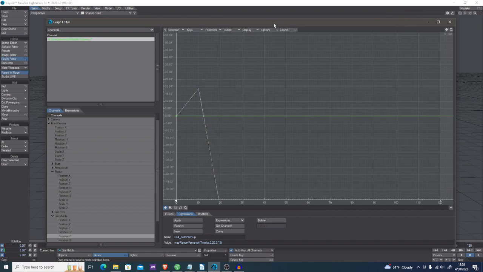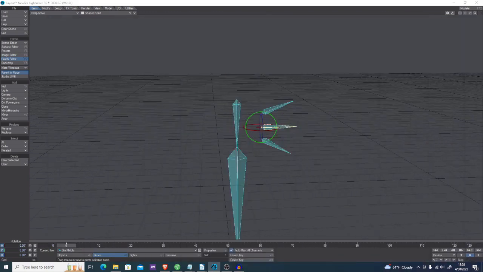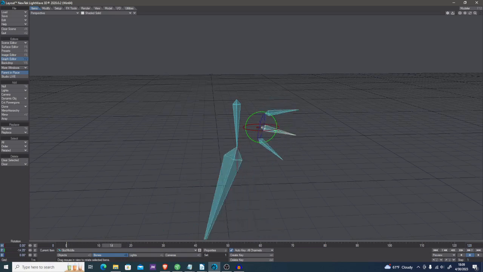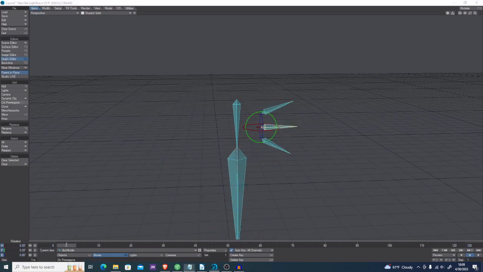So let's move this out of the way and see how it works. Okay. We got good motion at the top, but the bottom needs to move less. So what I'm going to do is add a second expression.